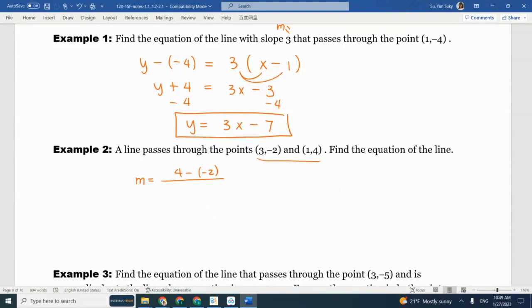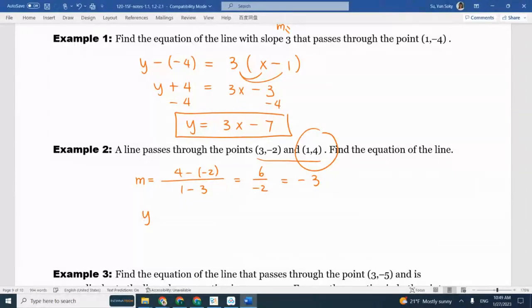And then the denominator, 1 minus 3. What's 4 minus -2? 6. 1 minus 3. So you get -3. Yes. And you have the slope. Just pick one point. Which point do you pick? (1, 4). Okay, let's do that.